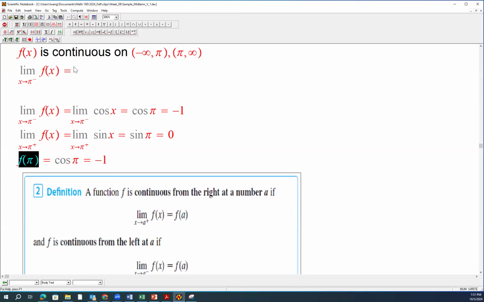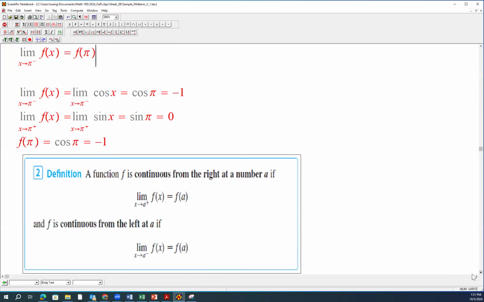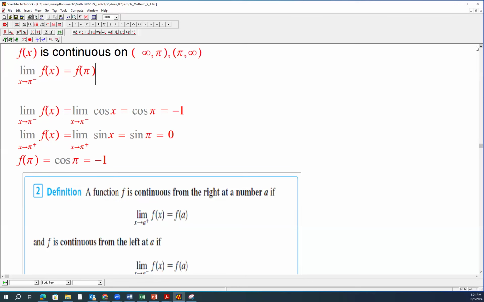You guys see that? Okay. So from smaller than pi, we have left continuity.